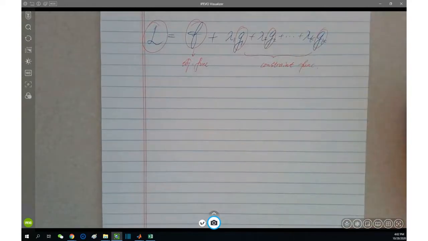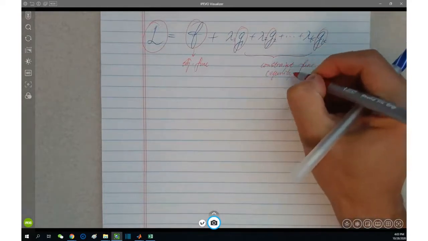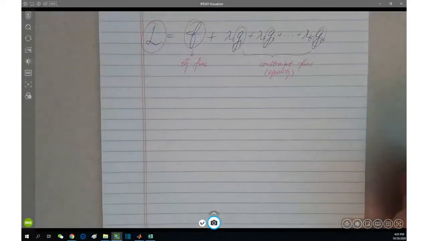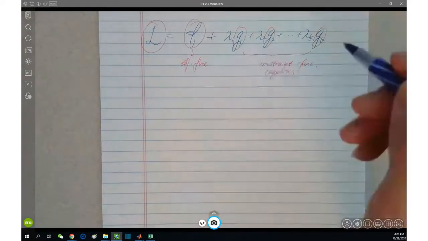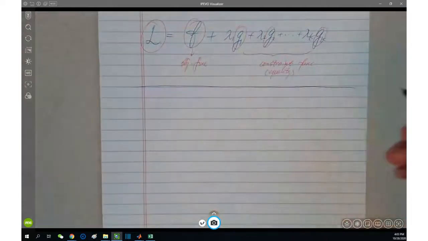Actually, by writing in this way, we are basically only talking about the equality constraint. But it's very easy for you to understand what we should do if involving inequality constraints, right?